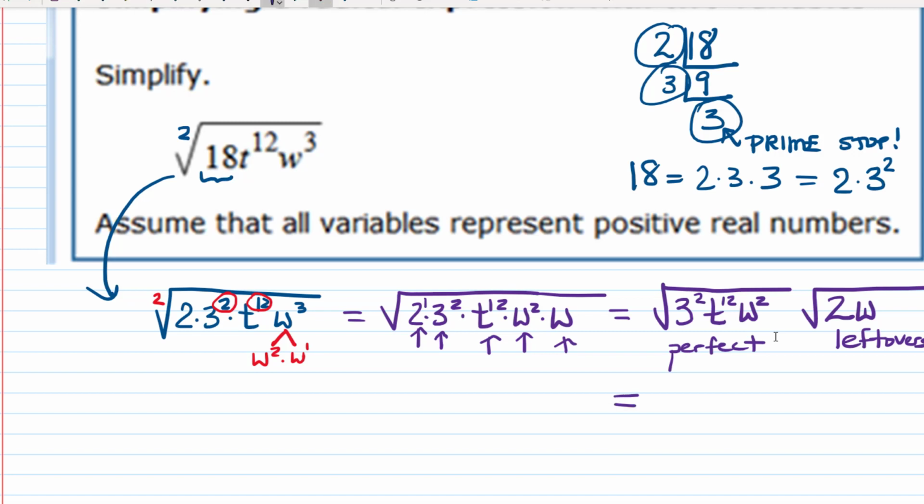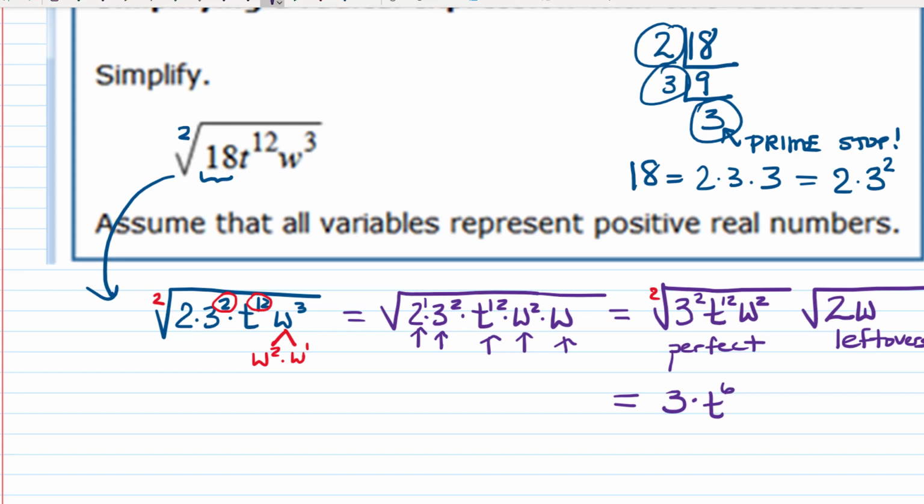Now the reason why we do this is because in the next step we use the other rule. We're going to divide the index of 2 into each of these exponents. So we're going to have the square root of 3 squared is just 3, times the square root of t to the 12th. Well, the square root of t to the 12th, you divide 12 by 2 and you get t to the 6th.